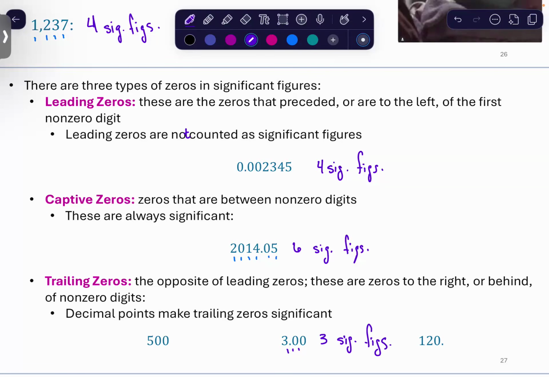Now look at this one, 120, but you notice how there's the decimal point on the end of it? That makes that zero significant. But let's go back to the 500 here. It's just 500 with no decimal point. So there's only one significant figure for that one.